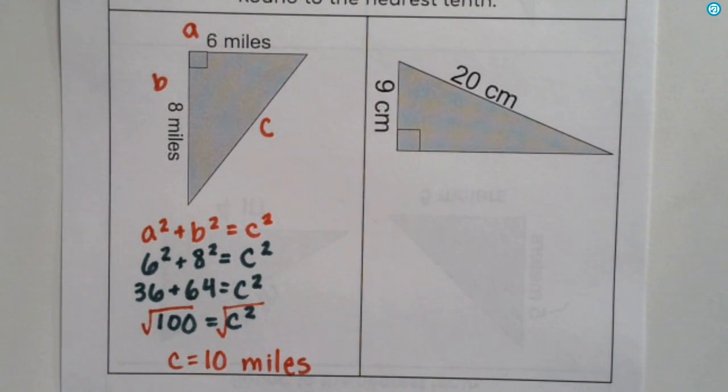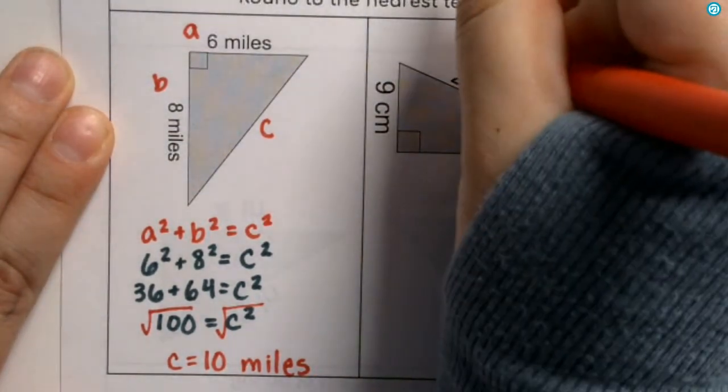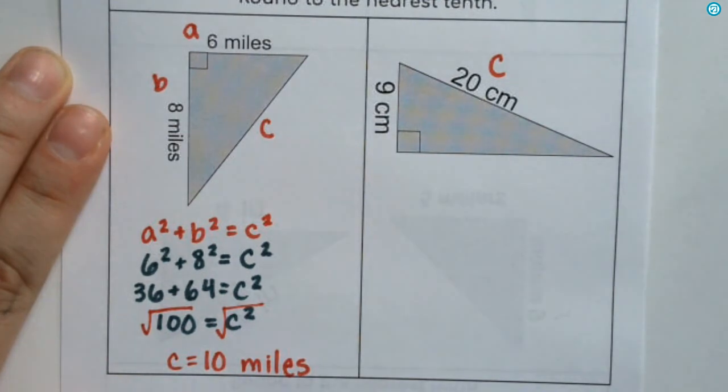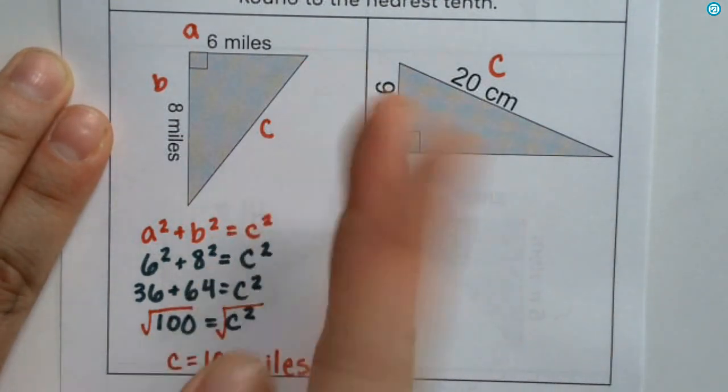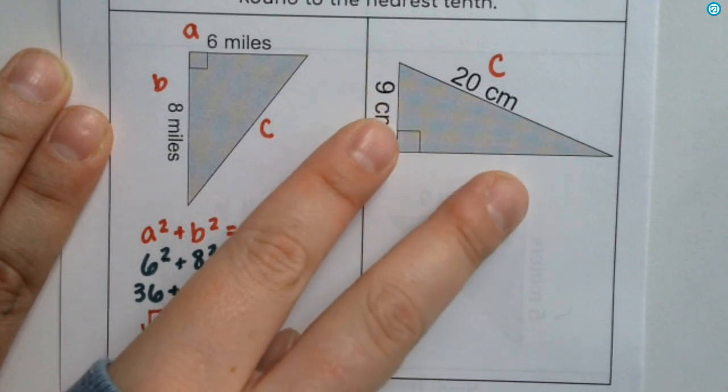Okay. Any questions right now? All right. What is different about the next triangle? It's sideways and B's missing this time. It's sideways and either A or B. It doesn't actually matter. What does matter is that this 20 has to be C. The hypotenuse always has to be C. This can be A or B. It doesn't matter which leg's which.